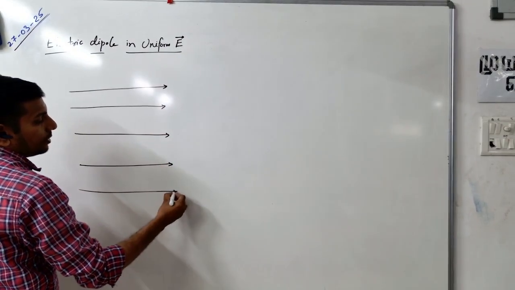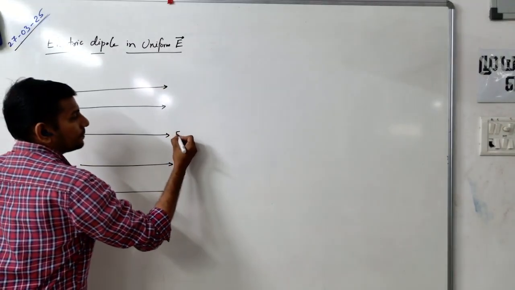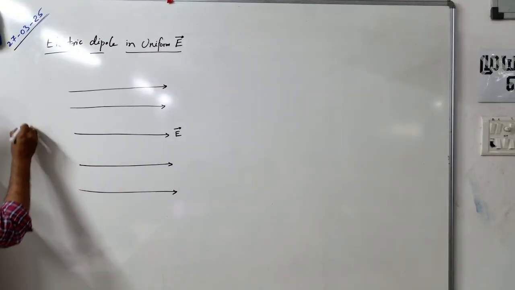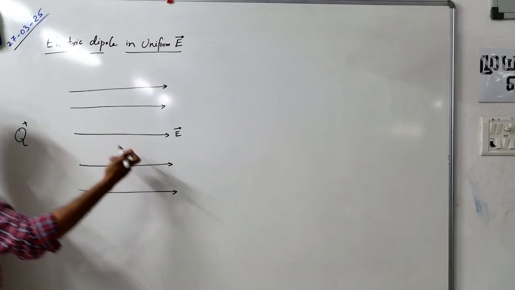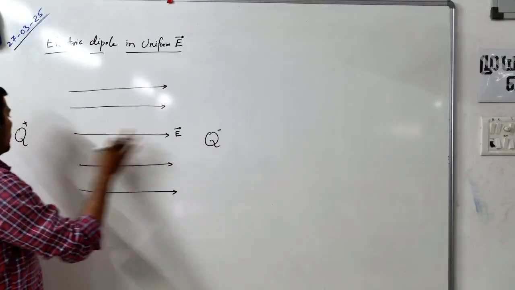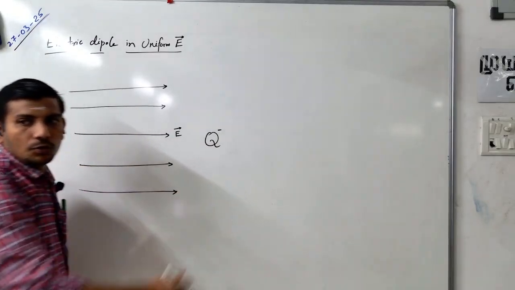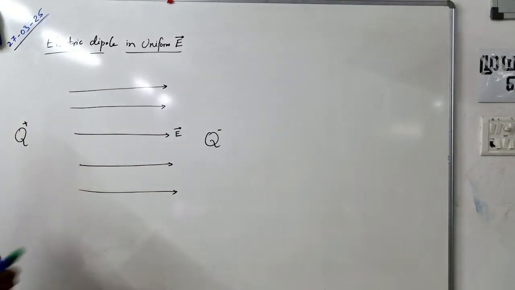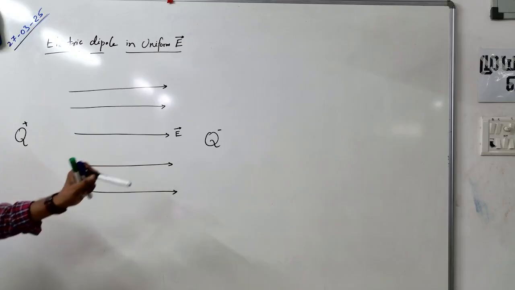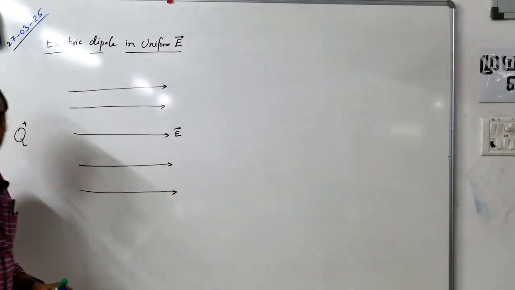So whenever you see uniform electric field lines like this, either you can assume that here you have a positive charge Q, or you can expect here you have a negative charge Q. Either here you have Q positive or here you have Q negative. Any one of them is true, it's not both. So let me go with the positive charge present here.